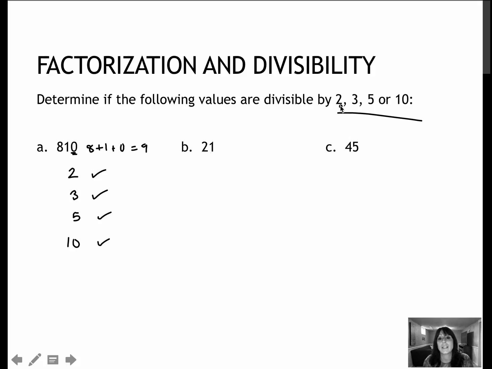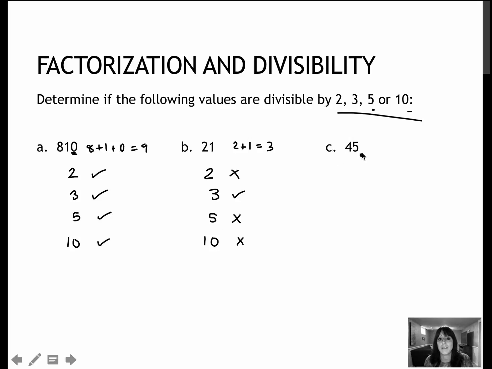For 21, is it divisible by 2? No, because it's not an even number. Is it divisible by 3? Well, 2 plus 1 is 3, and so yes, it is divisible by 3 because 3 goes into 3. 5 and 10, pretty easy to say no for both of those because it ends in a 1, and in order to be divisible by 5, it has to end in a 5 or a 0, and to be divisible by 10, it has to end in a 0.